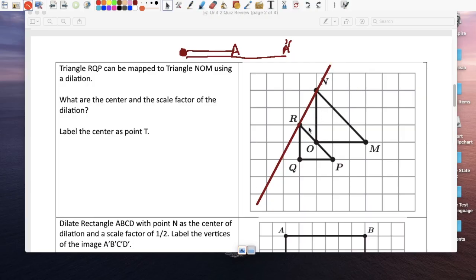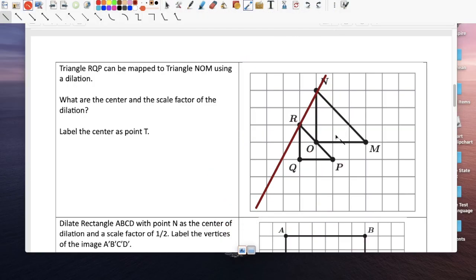Right. So somewhere in this area is our center of dilation. Now, to be precise, I'm going to draw another line, but I'm going to go from here. Right, so same thing. Just go over here, and where those two lines crisscross, it's our center of dilation.